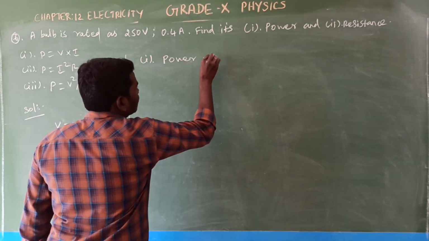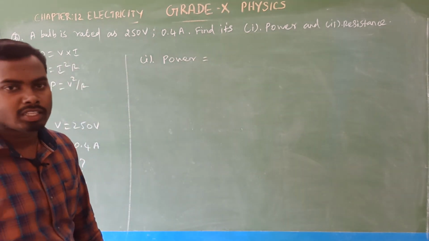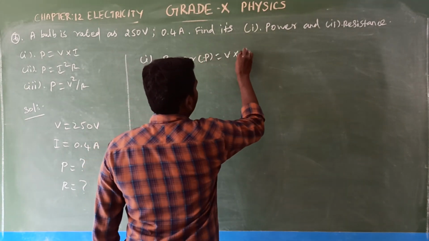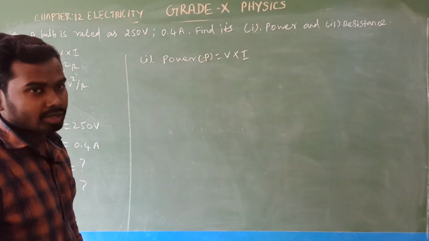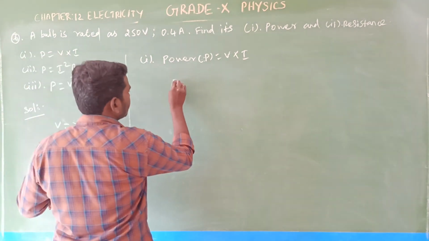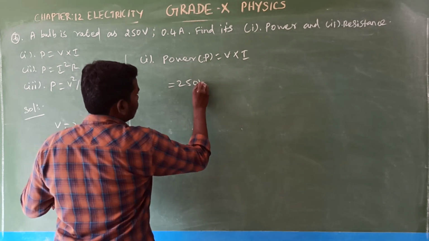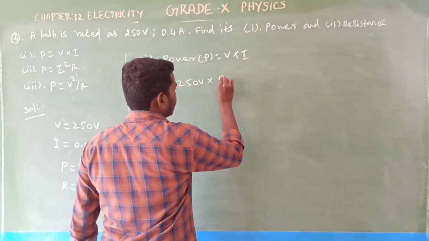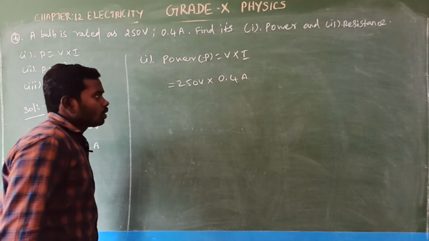Power P is equal to V into I, which means voltage into current, isn't it? So what is the voltage value? Voltage value is 250. So 250 volt into, then current value how much? Current value 0.4 ampere.